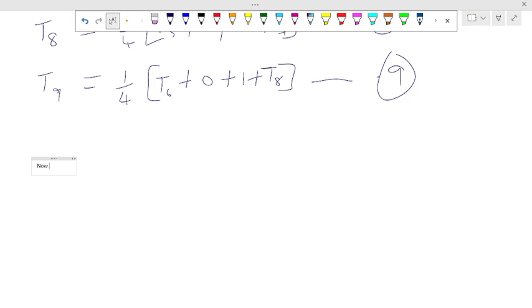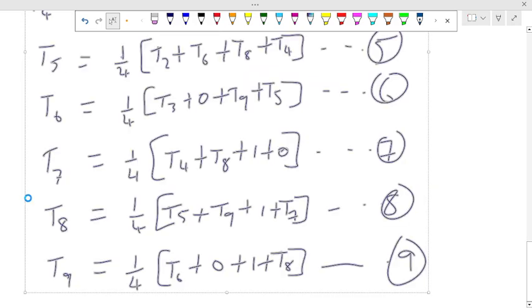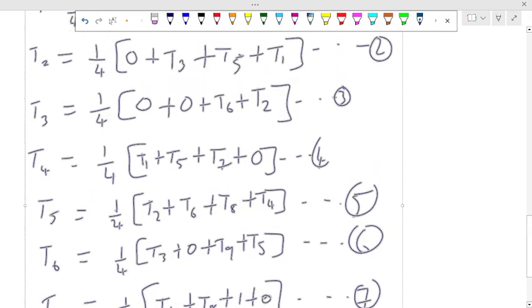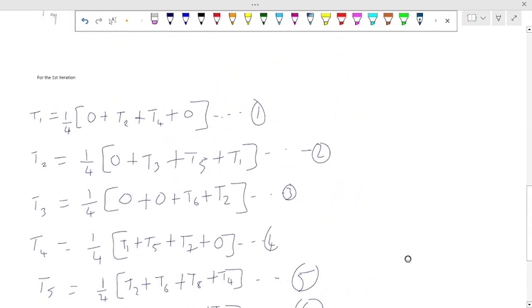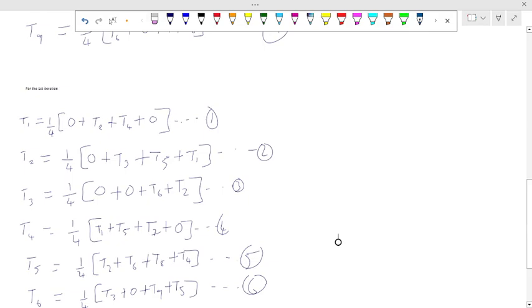Now for the first iteration, let's go. We are going to have these 9 equations again, so let me just paste them. The first iteration, we are going to have the 9 equations again, but no need for all those parts of the equation.